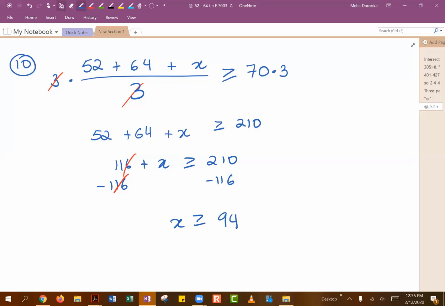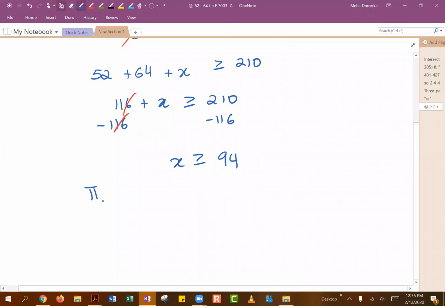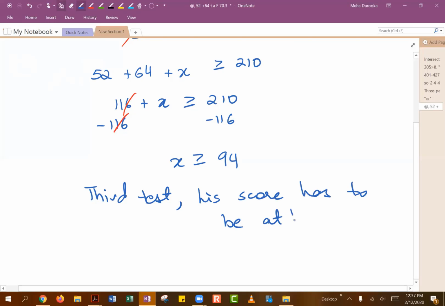So on the third exam, Felix has to score, and I'm using the same language, at least 94.